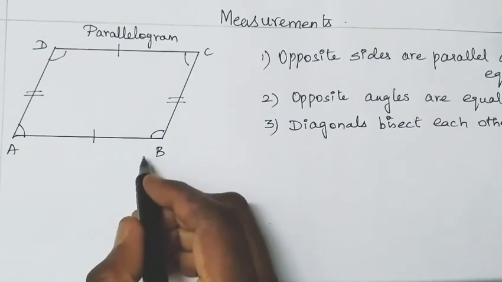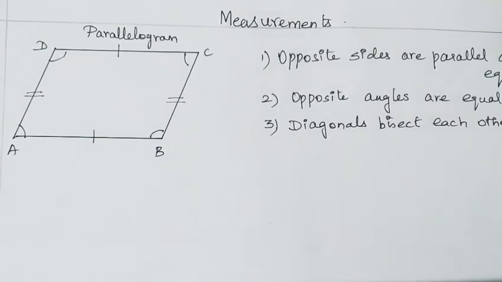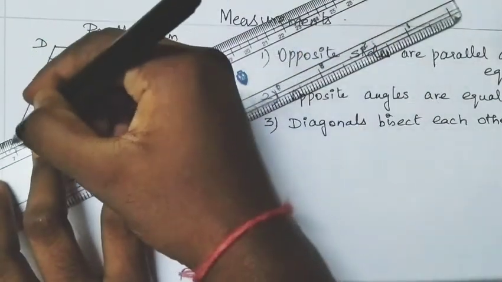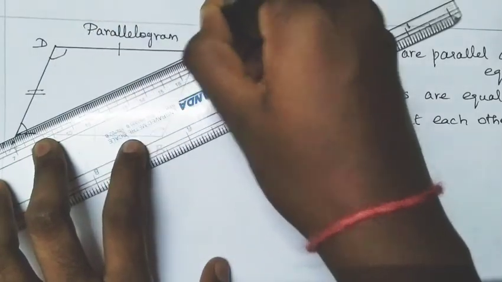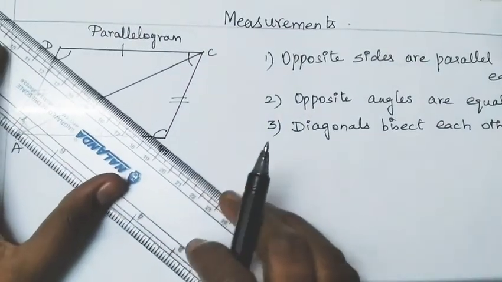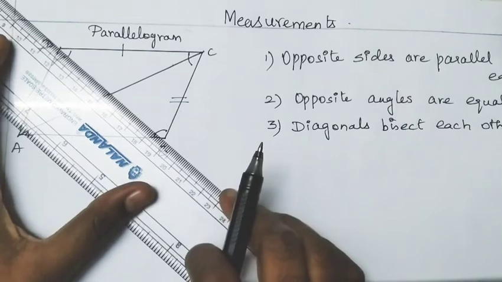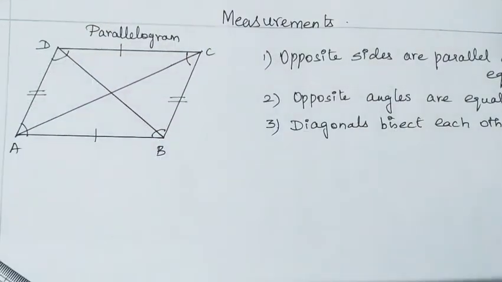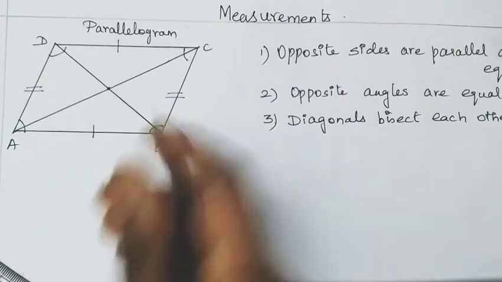Then the third point is diagonals bisect each other. So diagonals AC and BD bisect each other at a point.